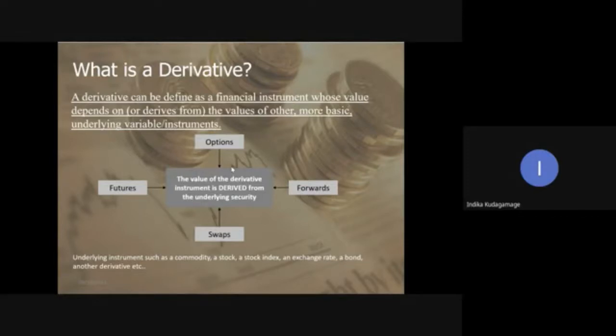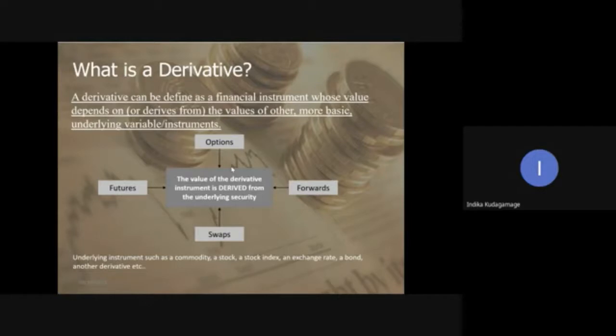Look at foreign exchange forward contracts. I agree to sell foreign exchange in the future at a price. That is a derivative. The underlying asset is USD. The margin is the derivative. These are very basic derivatives.